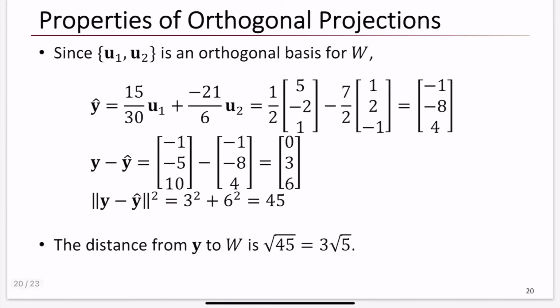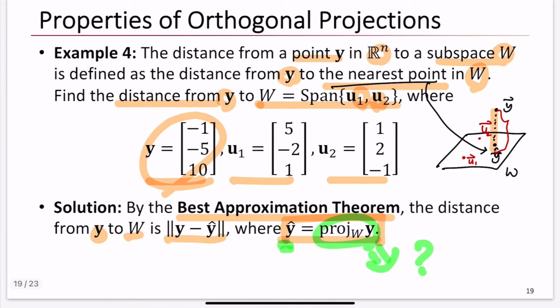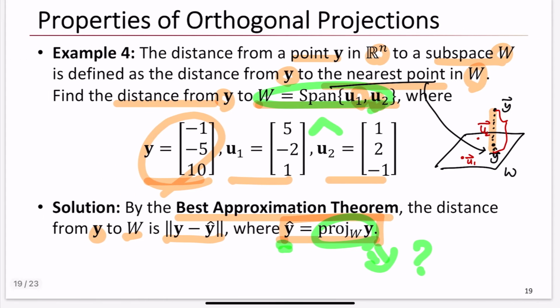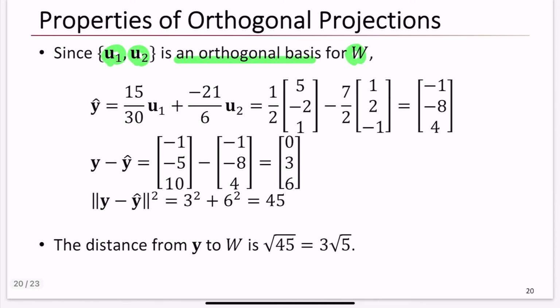Because we already know that w was spanned by u1 and u2, and they are orthogonal to each other, u1 and u2 are an orthogonal basis for the w space.